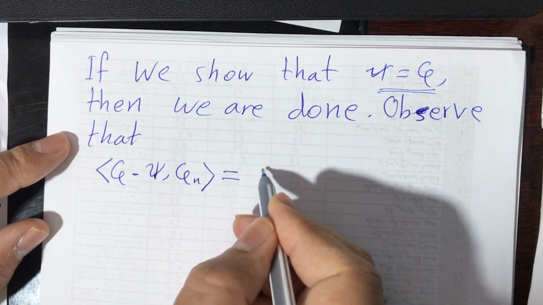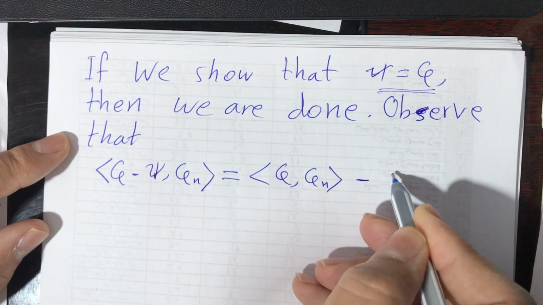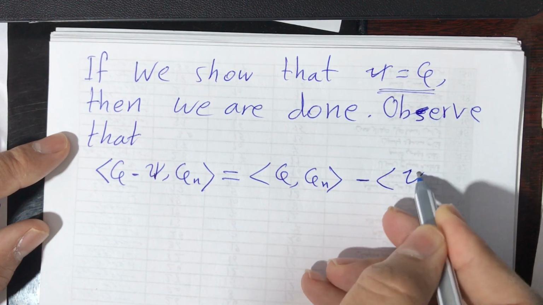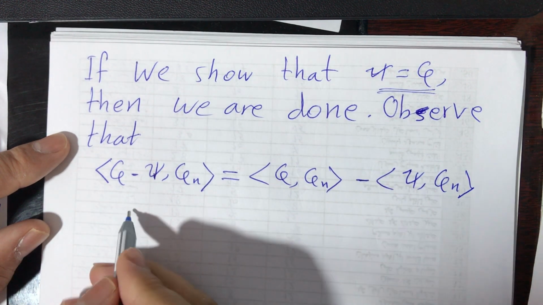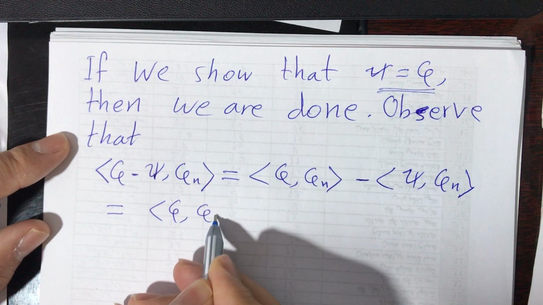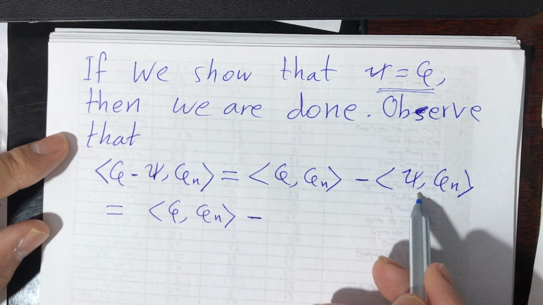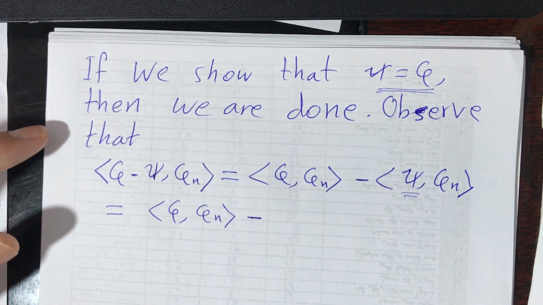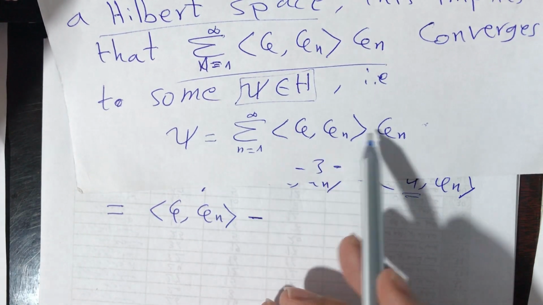And this is equal to phi n minus psi, phi n. And this is equal to phi n minus, and this is psi. We suppose psi is equal to this summation.